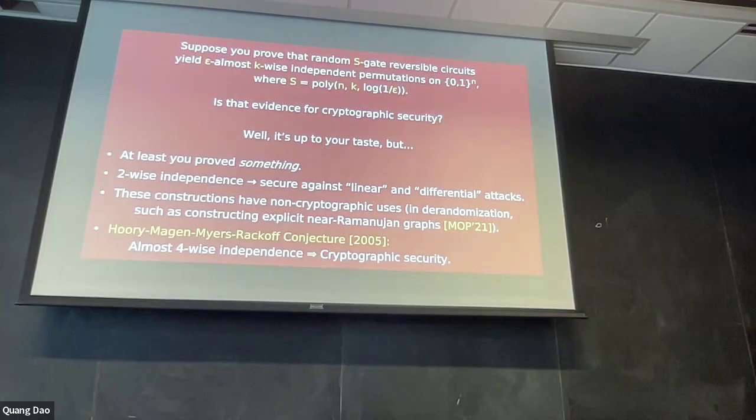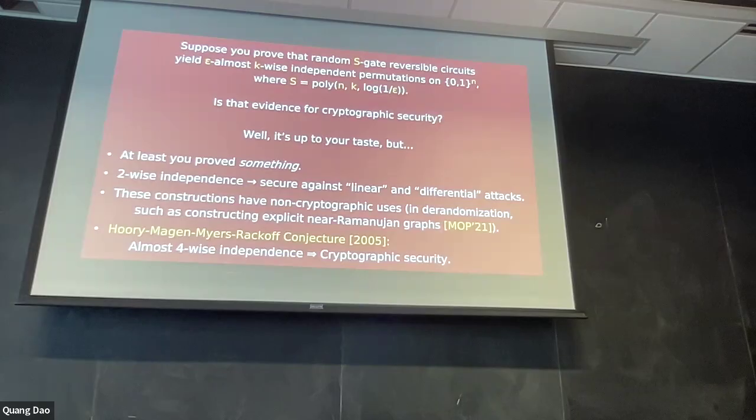You can have these three quantities with random rational functions over a finite field gives you three, and this is broken. And I guess this is the reason why it's just 4 here. But since then we have a lot of other ways of building almost K-wise independent permutations, not known at the time.